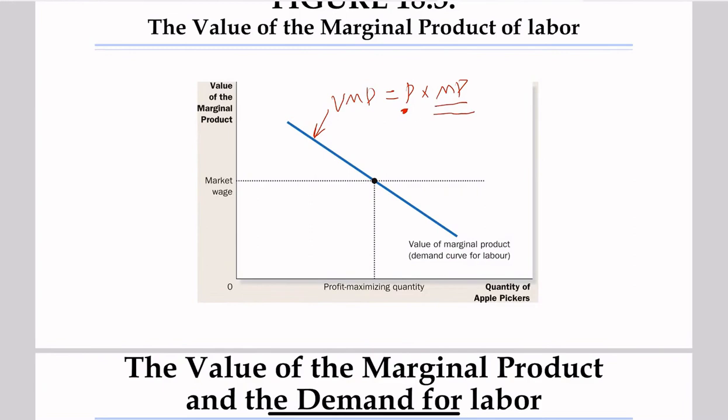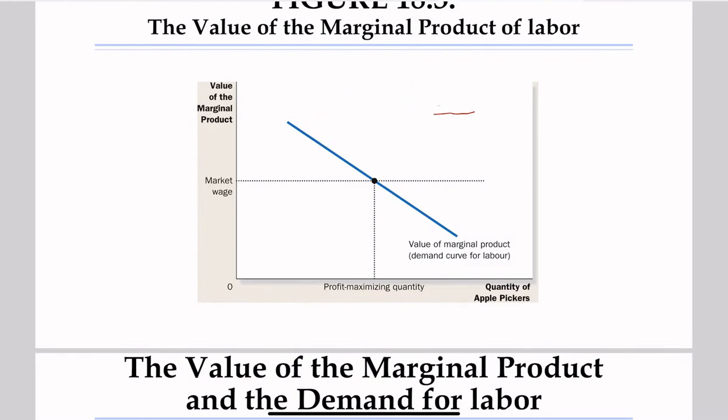We know that if you increase the quantity, then marginal product will just decrease, right? So that's why as you increase the quantity of apple pickers, this value of marginal product should decrease. It's because marginal product decreases. So diminishing marginal product causes diminishing value of marginal product.